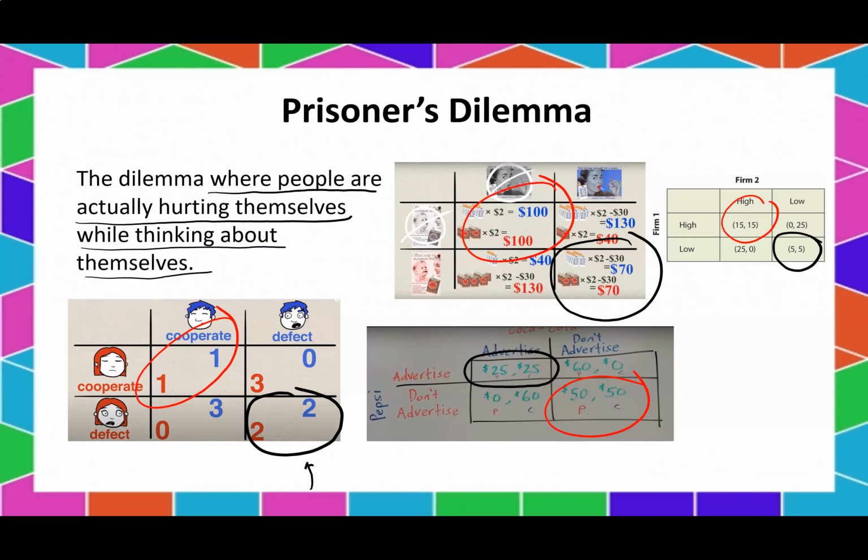We're talking about making $10 more here, $30 more here, making twice as much money here, and having 1 less year of prison here. It's a very, very interesting philosophy that makes you think about much broader things in the world, about how cooperating can actually help you and others, as opposed to just thinking about yourself and doing what's best for yourself.